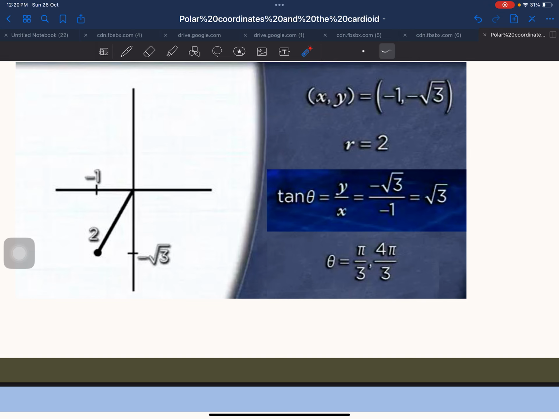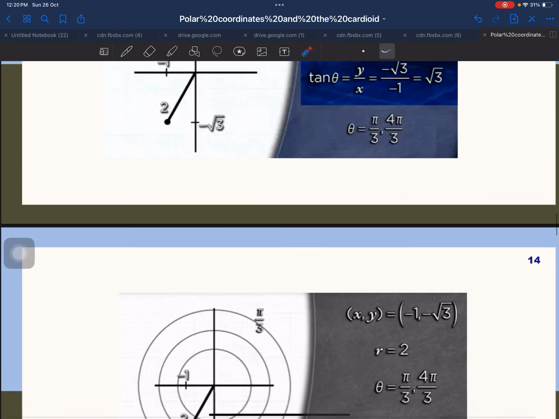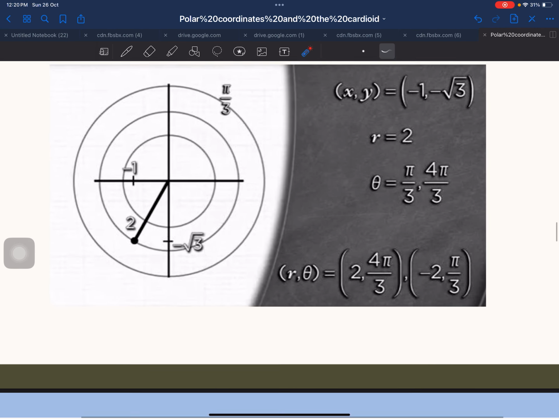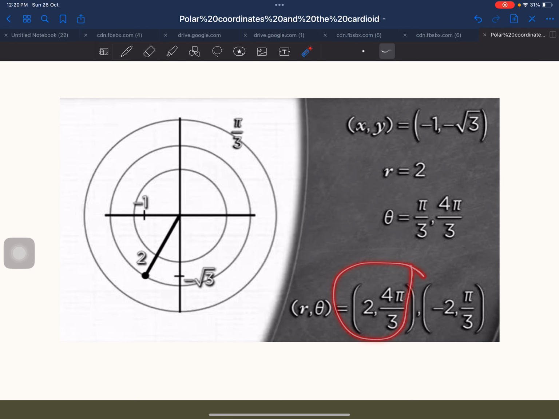Now, which angle would I pick? Well, I am in the third quadrant, so I'd better go all the way around to 4 pi over 3. So one set of polar coordinates is 2, 4 pi over 3.